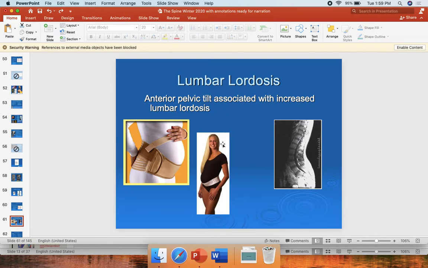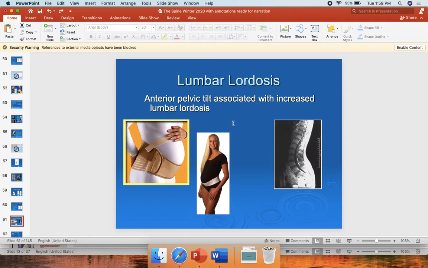So with the lumbar lordosis, with the heavy abdomen or pregnancy, a lot of times what's going to happen is you're not going to initially have this lumbar lordosis, but as the person gains weight in the abdomen, for whatever reason, you're going to see the pelvis begin to tilt anteriorly, even more than usual.